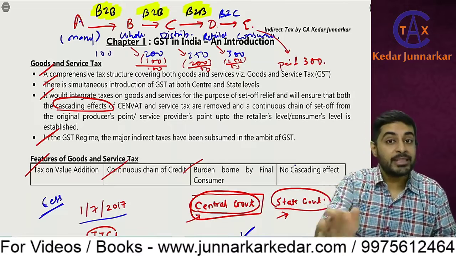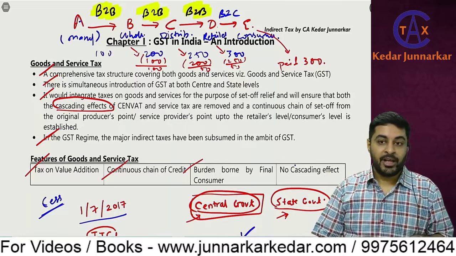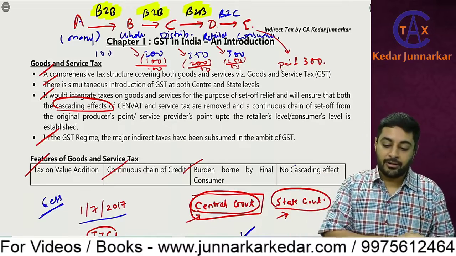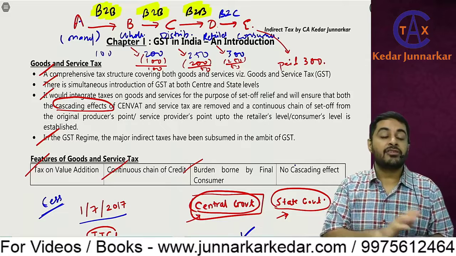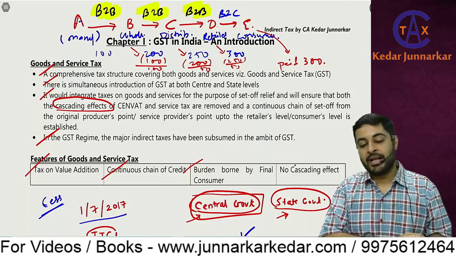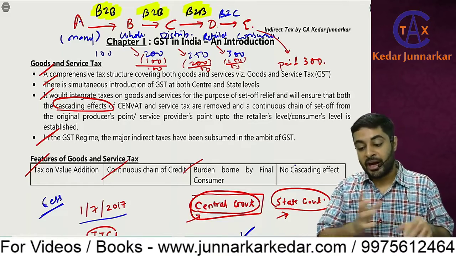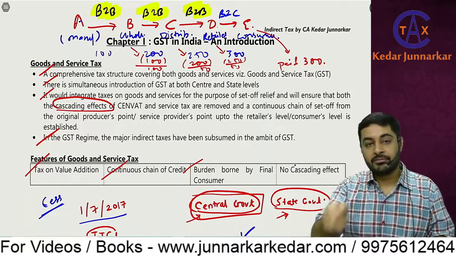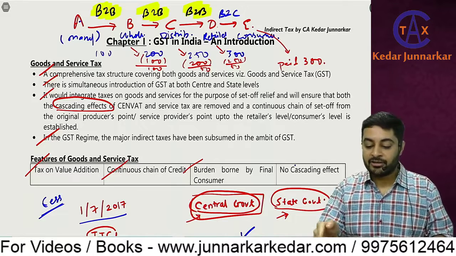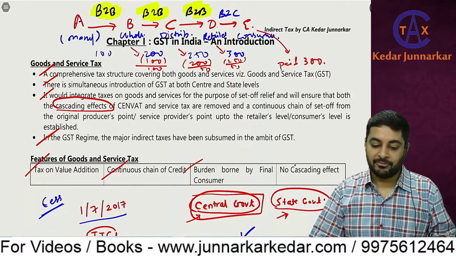But think from E's point of view now. E has paid 300 to D, but E is not getting any input tax credit. So ultimately the burden of the tax is on whom? 300 is on the final consumer.